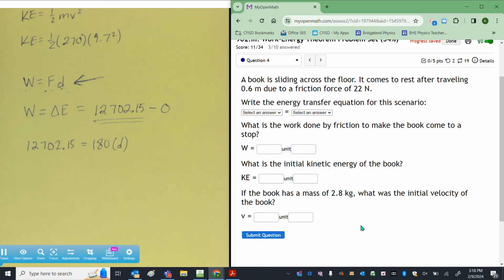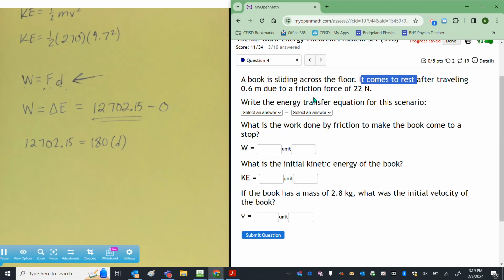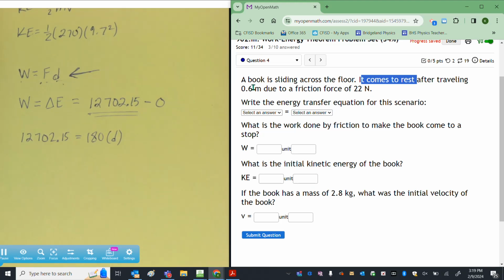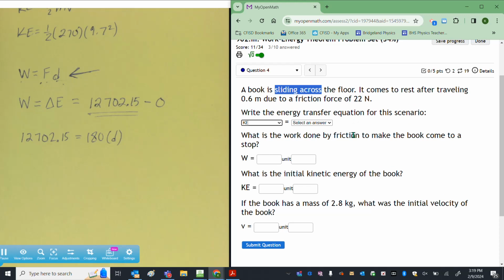Again, it might be easier to start at the end, but we need to think about the forms of energy that are present at the initial state and at the final state. And at the final state, it tells me it comes to a rest, which means I don't have any energy. Okay, initially though, I have this book that is sliding across the floor. So this fact that it's moving tells me that I initially have kinetic energy, and that kinetic energy is going to be entirely dissipated from my system due to the work done by friction.